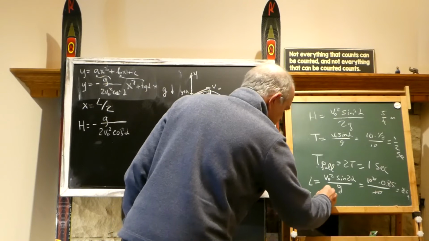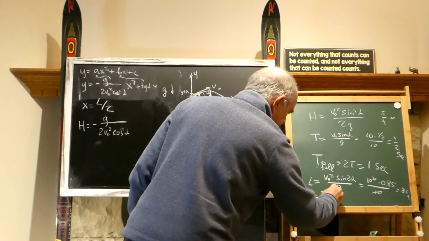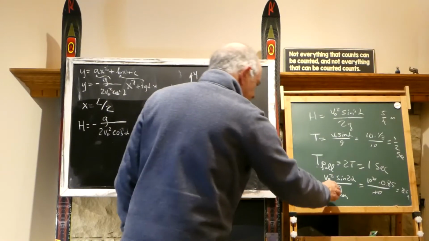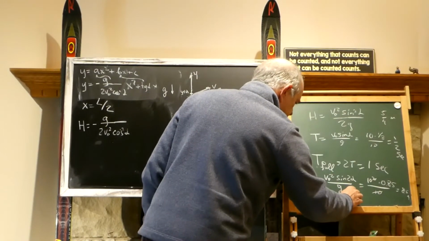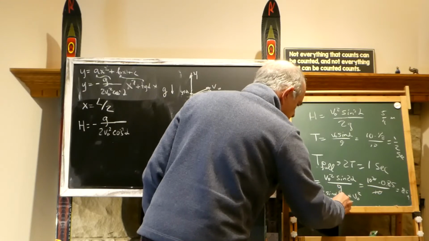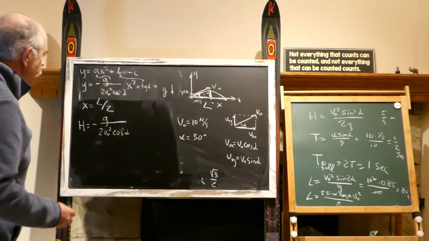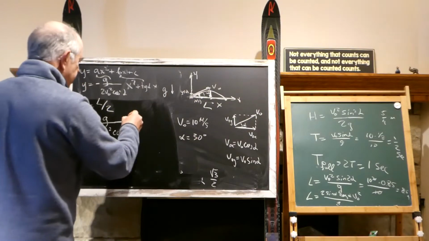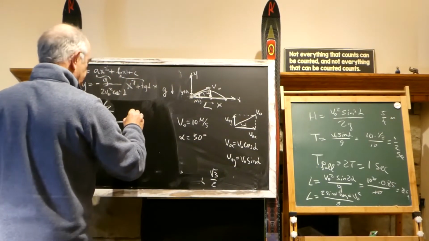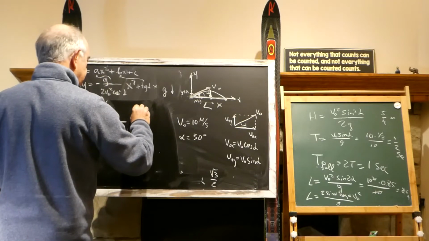And I will use a different formula. I will use this 2 sine alpha cosine alpha. I take it back, cosine alpha v0 squared over g. So this is what I do. I put L over 2, this 2 would be gone, and this would be v0 squared, right?